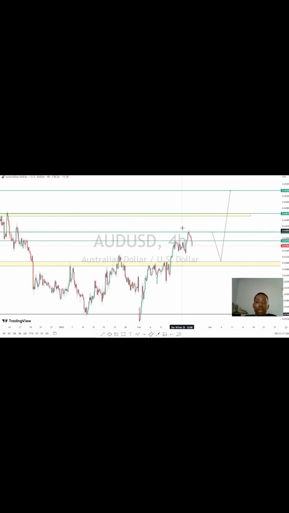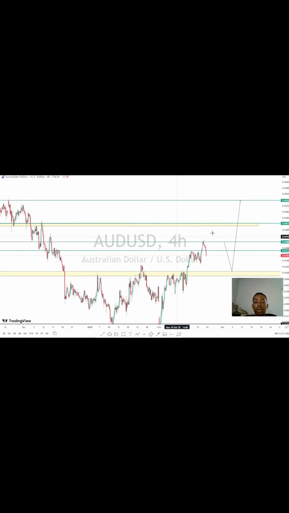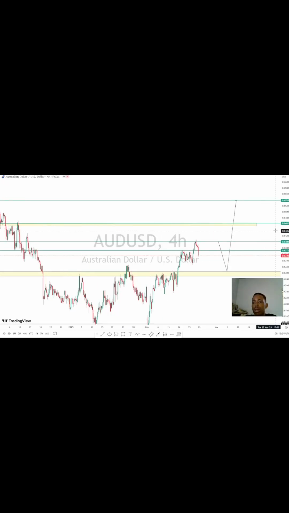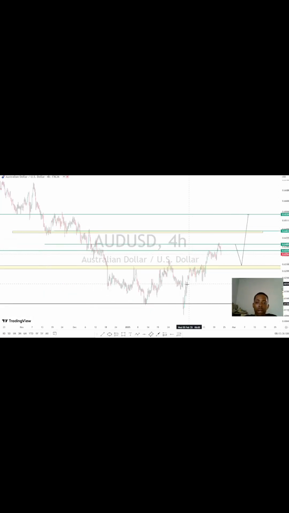This will be my first level target take profit, and my next take profit will be at 0.46188, and my final take profit level will be at 0.65383. And that is it for AUD/USD.